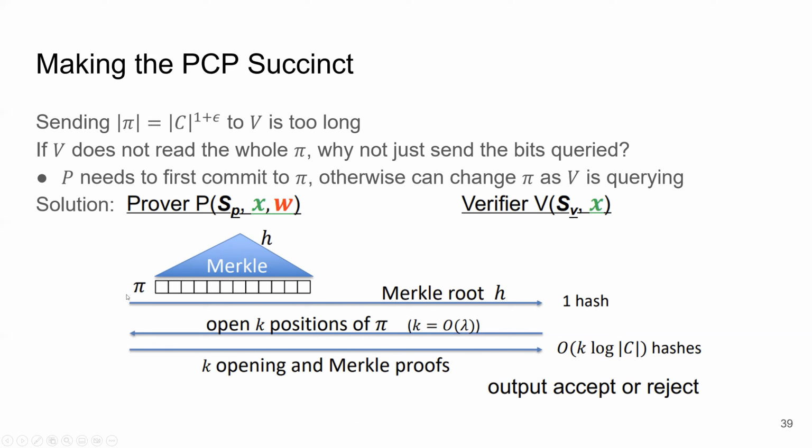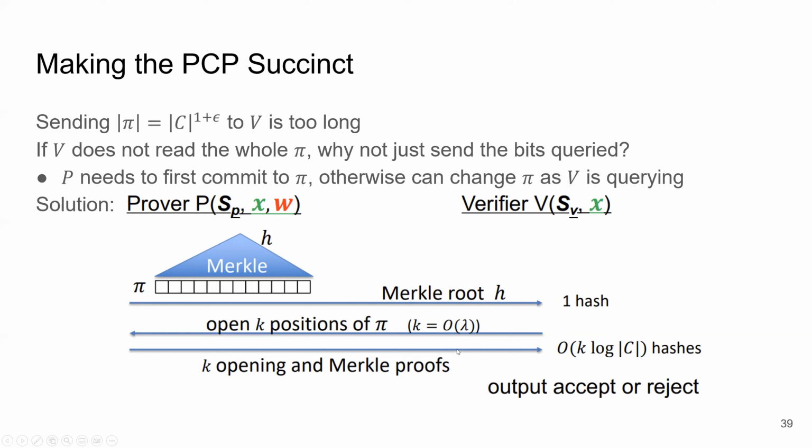So we've turned an otherwise linear in size of circuit proof and communication load into a log size of the circuit communication load. And so this is acceptable. This would be succinct enough in communication load.